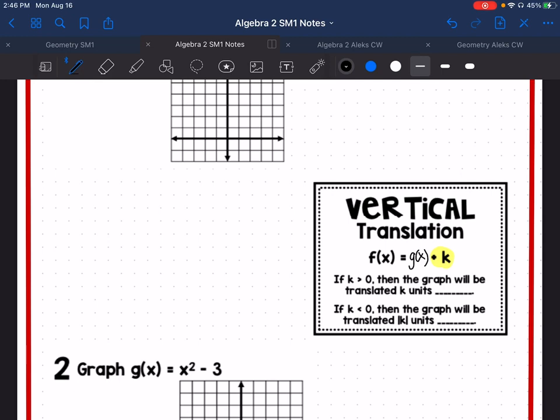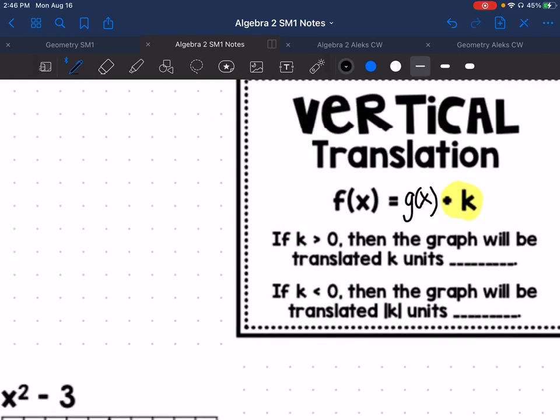If k is greater than 0, that means, let me zoom in here, that means, of course, if k is positive, right? If we're bigger than 0, we are positive. Then my graph would be translated k units up.